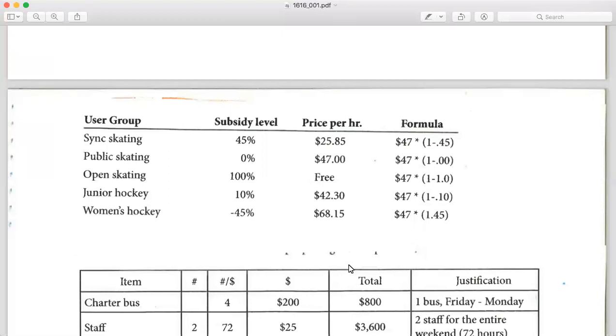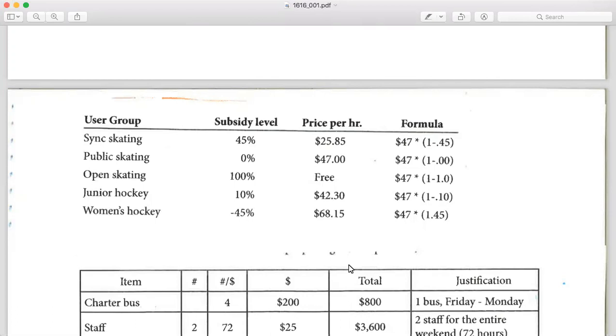The junior hockey is subsidized at 10%, and the women's hockey is minus 45%. What does that mean if this is a minus subsidy? That means it's making a profit. And they expect that to come in at $68 an hour. Okay? So note that, it does say that here.